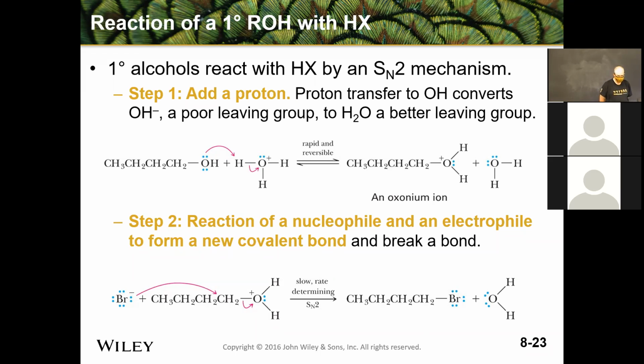So instead, what happens is we have an SN2. Bromide has to come in and hit carbon number 1. It forms a bond and the C-O bond breaks at the same time. And we get our 1-bromobutane with water as a leaving group.